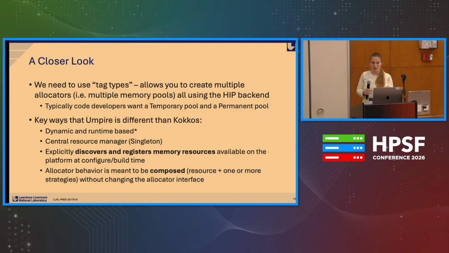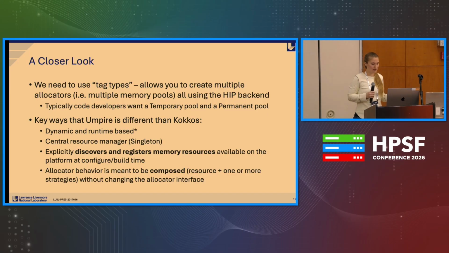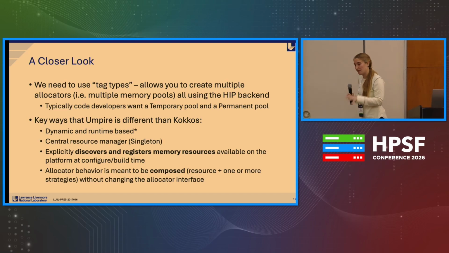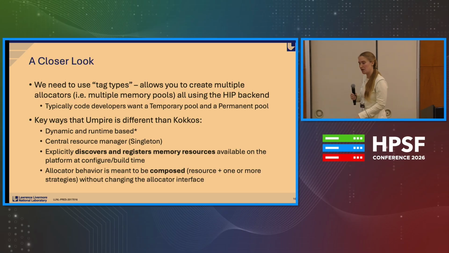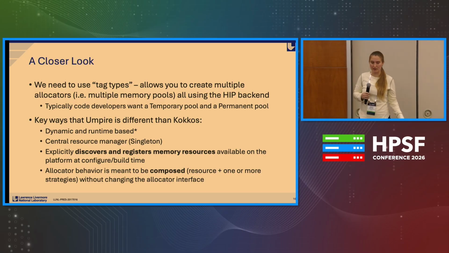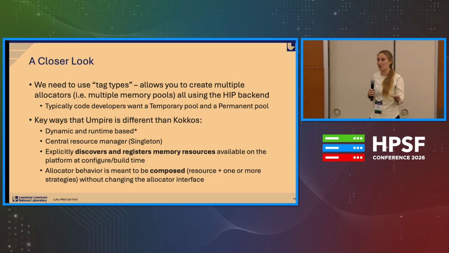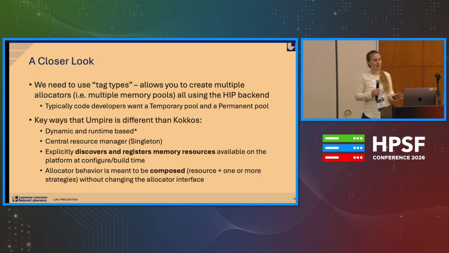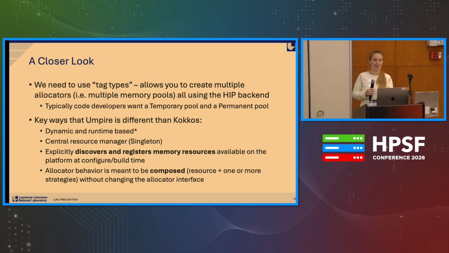Umpire also explicitly discovers and registers memory resources available on the platform at build or configure time. So you're using the device memory resource, but whether that maps to a hipMalloc or a CUDA malloc depends on how you built it. So it's also different from the way Kokkos works.